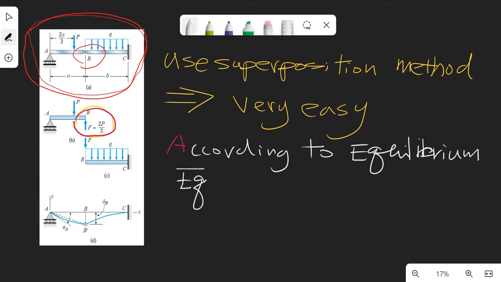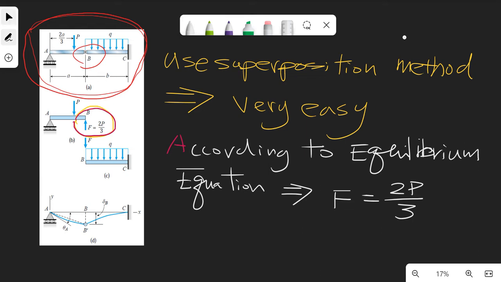According to the equilibrium equation, we can calculate that the reaction force is equal to 2P divided by 3. This is from the equilibrium equation. You can calculate it by yourself.